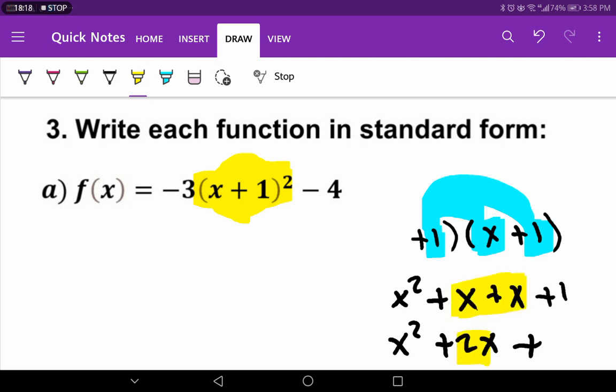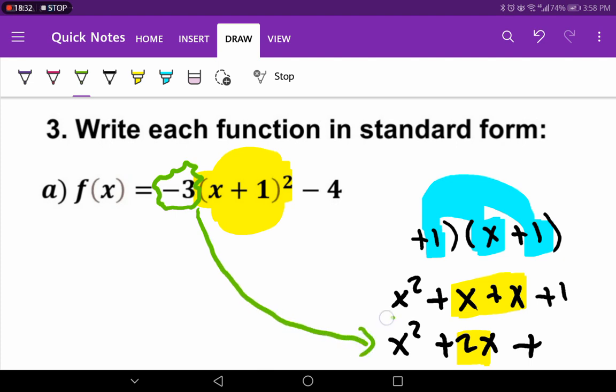Are we done? No. Because this part, the yellow part here, my dear student, is multiplied by this dangerous leading coefficient, which is -3. That means this -3 must visit all the terms here. So I will do it like this. Sorry, I forgot the one.